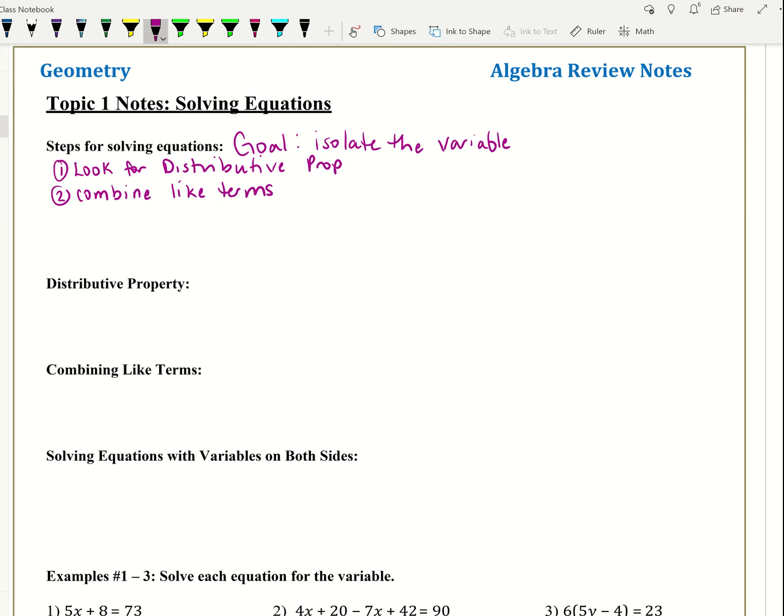If you have done those two things and you have any variables on different sides, you want to cancel one set of variables to get all variables on the same side. You'll do that through either addition or subtraction, and this allows you to collect all the variables on the same side.